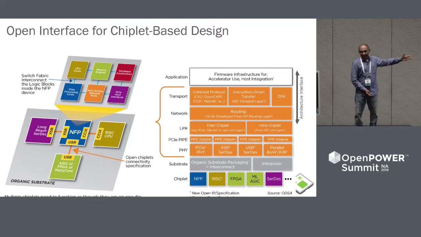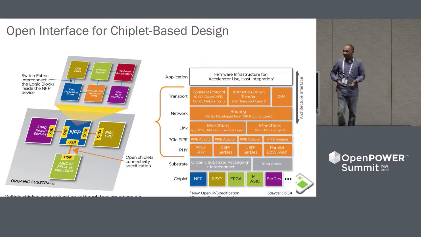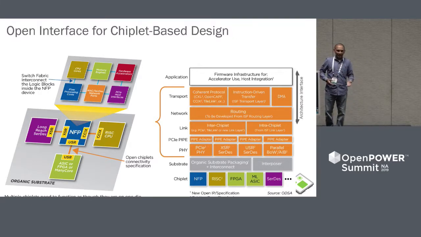And one of the things I think that OMI gives you is the ability to pull out memory as a separate chiplet. You can use either internal memory as a separate chiplet or the interface to external memory. Basically, OMI creates a longer reach PHY than the traditional memory.